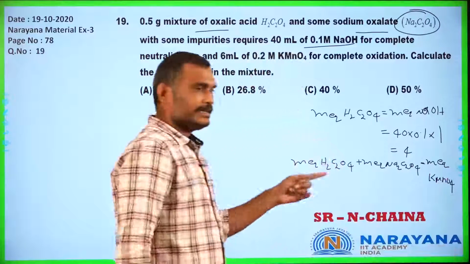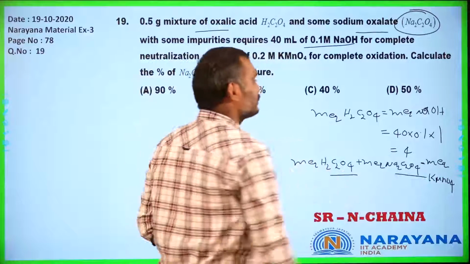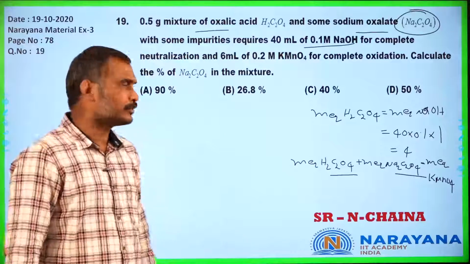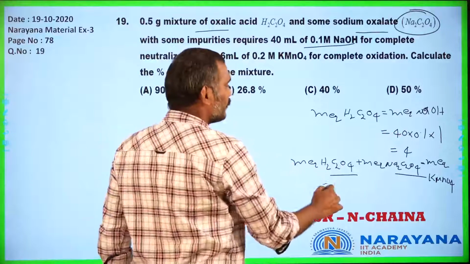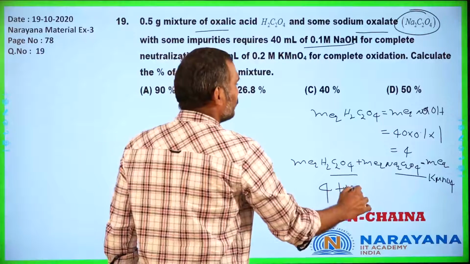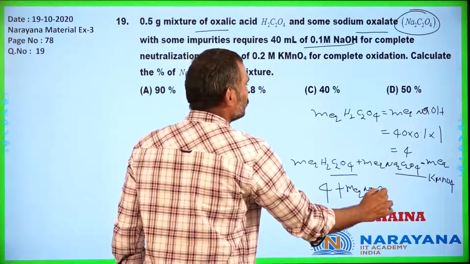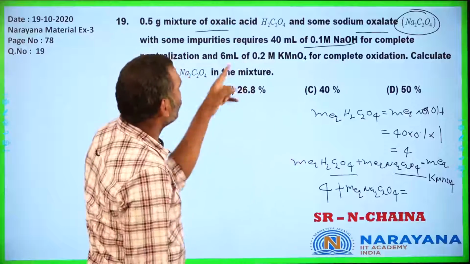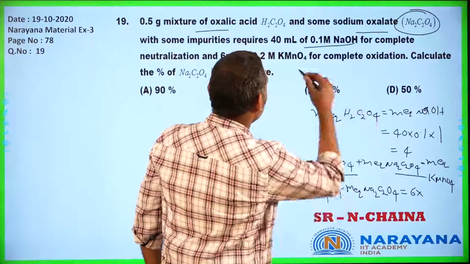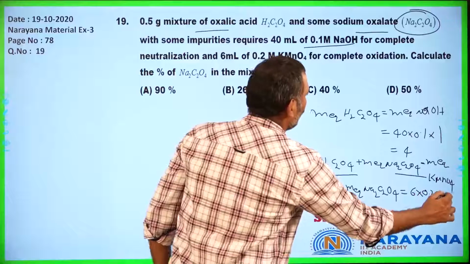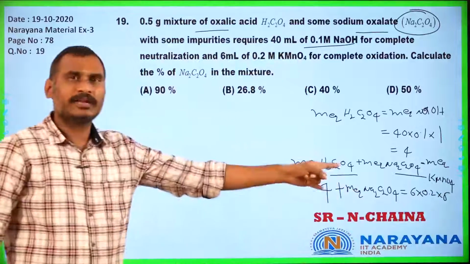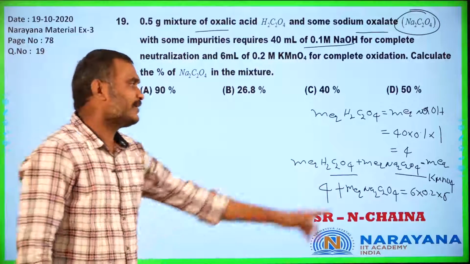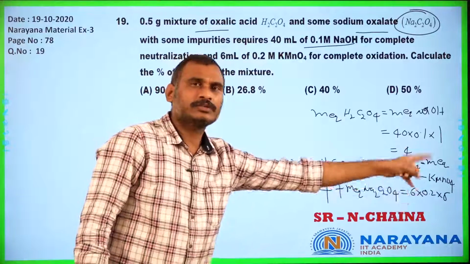Here is oxalate, here also oxalate. Both will be oxidized to CO2. Milli equivalence of H2C2O4 equals 4, plus milli equivalence of Na2C2O4, is equal to milli equivalence of KMnO4, equal to 6 into 0.2 into 5. Why, sir? The n-factor of KMnO4 in acidic medium is 5. 5 sixes are 30, 30 into 0.2, 6.